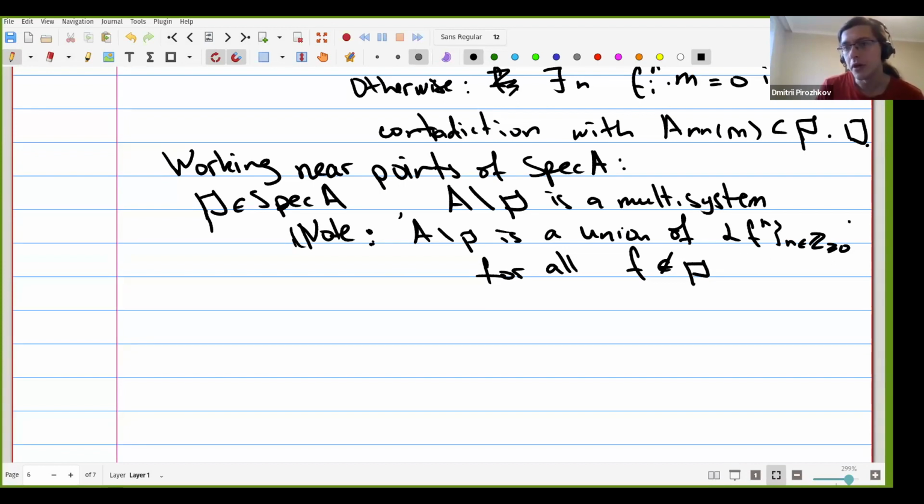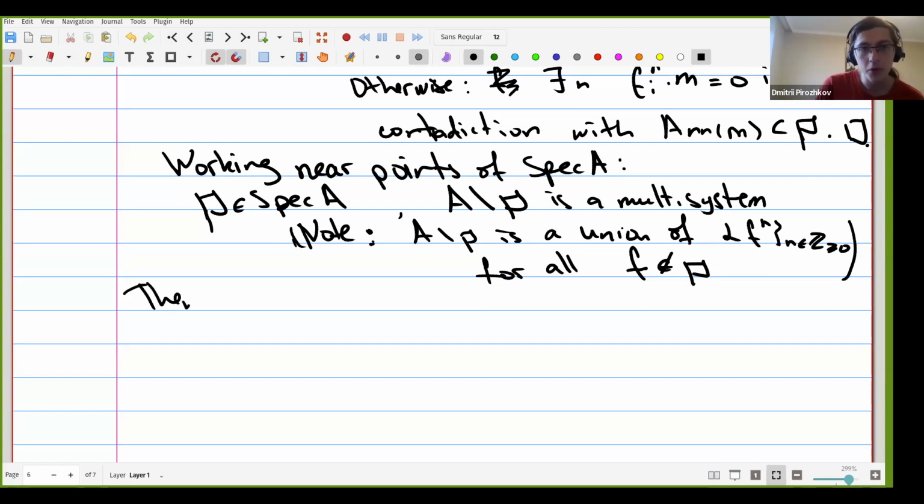So you can think of this multiplicative system as a union, something common for all distinguished open sets containing P.